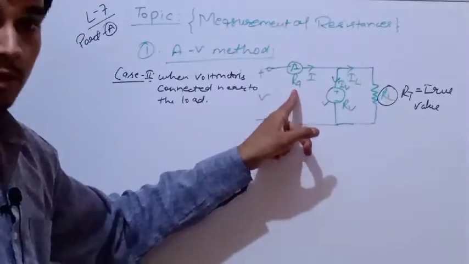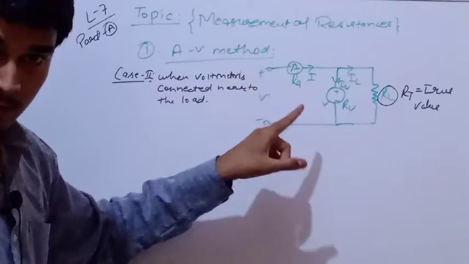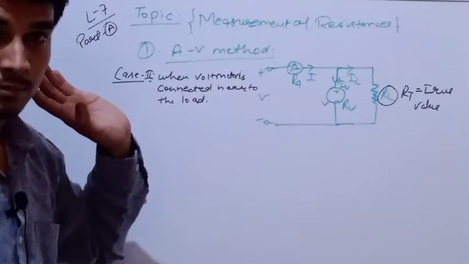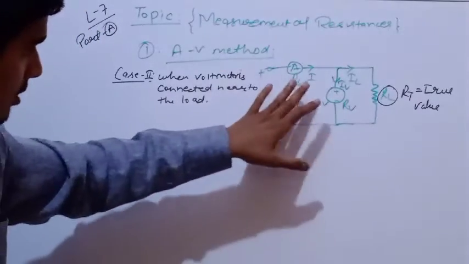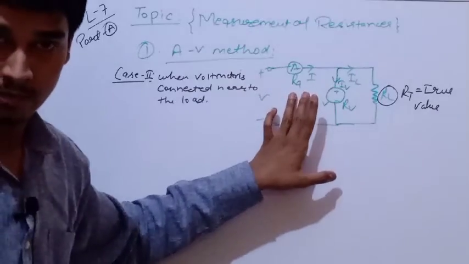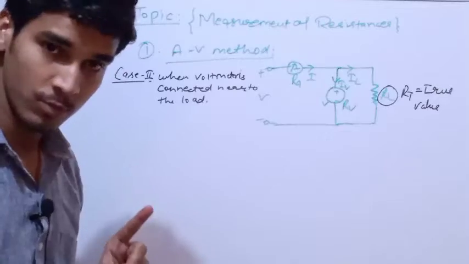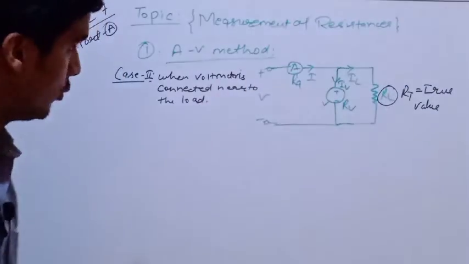This ammeter will also measure the current flowing into the voltmeter. So here this ammeter will be responsible for the error, and in the earlier case the voltmeter was responsible. Now here the ammeter is responsible.